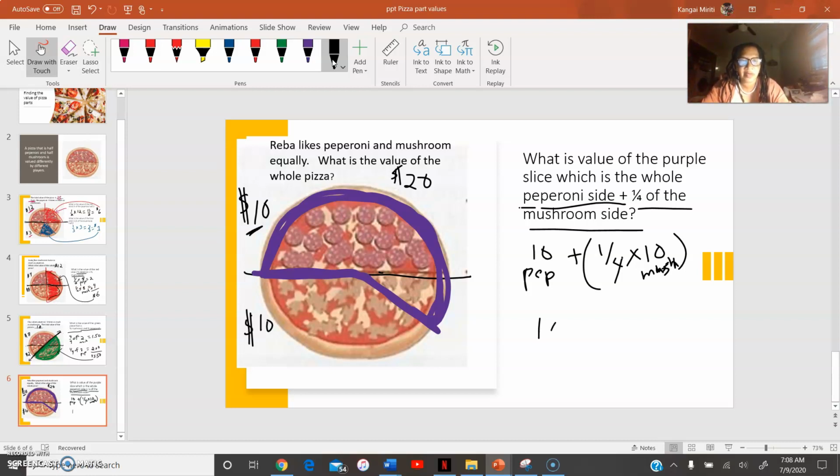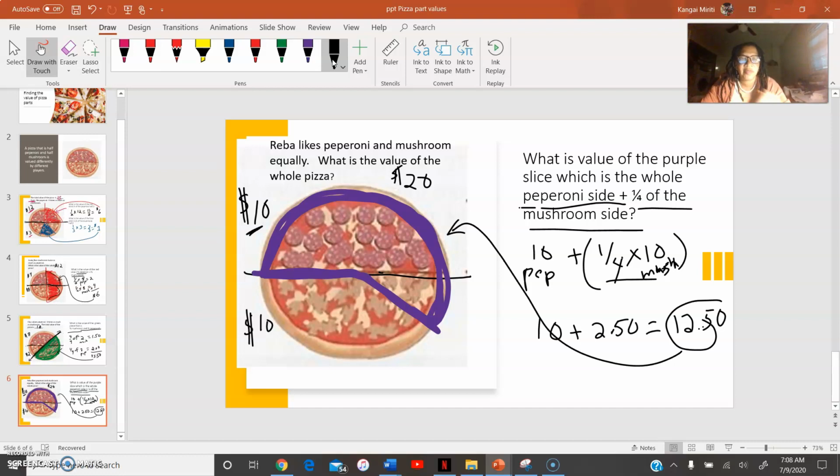If we do this calculation, 10 plus 1/4 of 10, which is 2.5 or $2.50. So together, she values that whole purple piece at $12.50. And finding these values is building us up to the time when we're going to be able to solve full fair division problems.